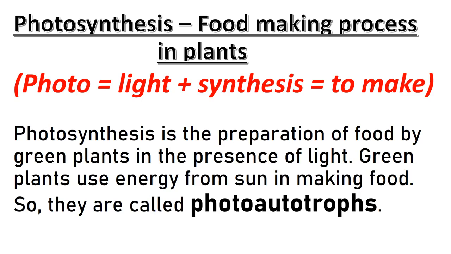You know, photo means light and synthesis means to make. Photosynthesis is the preparation of food by green plants in the presence of light. Green plants use energy from sun in making food, so they are called photoautotrophs.